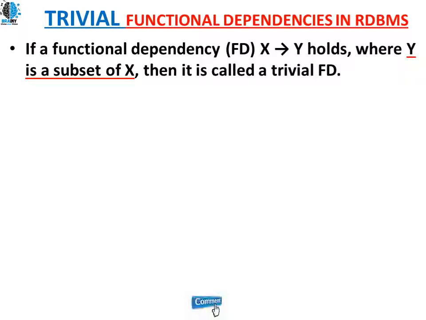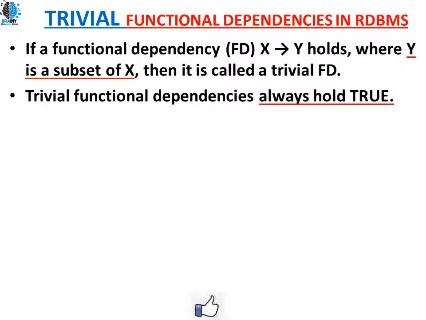So what is trivial functional dependency? If a functional dependency FD, X goes on Y, holds where Y is a subset of X, then it is called trivial functional dependency. Let's see this with an example. Trivial functional dependencies always hold true.